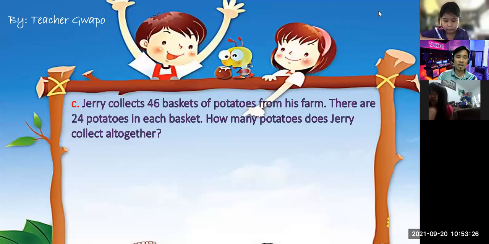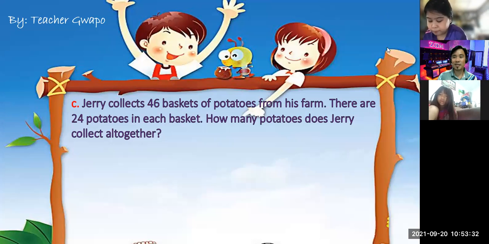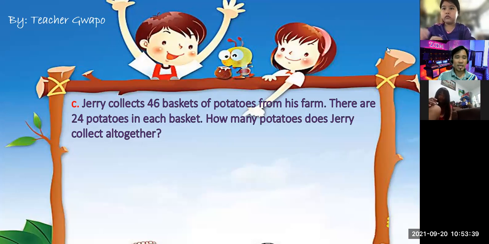Now in letter C, the story here is about the number of potatoes in the baskets. Let me read the problem. Letter C. Jerry collects 46 baskets of potatoes from his farm.